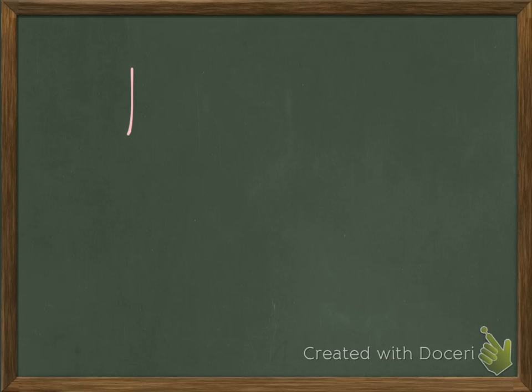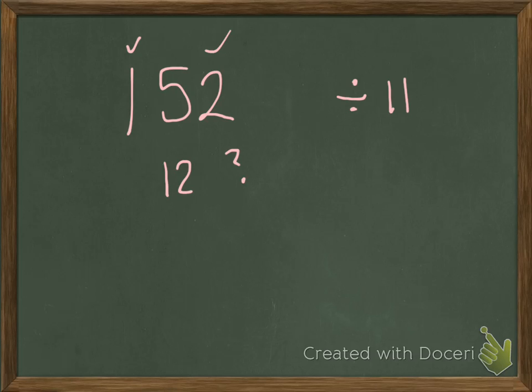Is 152 completely divisible by 11? Okay, well let's go through the trick, because we're sort of getting the feel that it's something to do with the 1 and 2. So would it be 12?